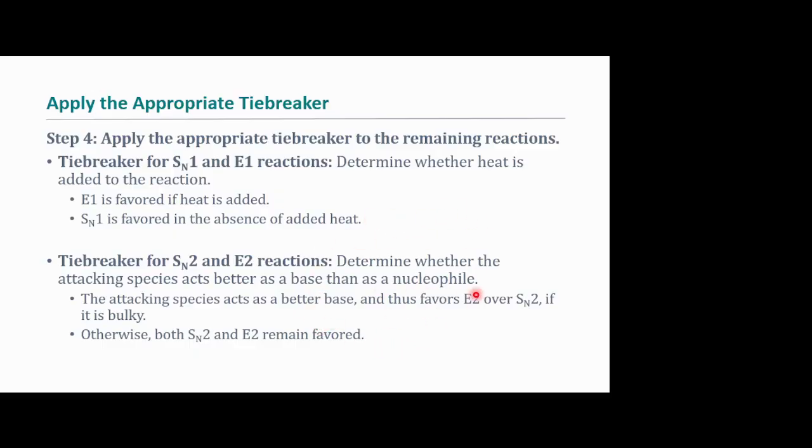All right, so the tiebreaker for SN2 and E2 reactions. You're going to determine whether the attacking species acts better as a base than a nucleophile. This is very subtle, okay? And so the attacking species acts better as a base, and thus favors E2 over SN2, if it is bulky. Okay? If it's bulky, it's not going to be able to attack very well. Otherwise, your SN2 and E2 can remain favored.